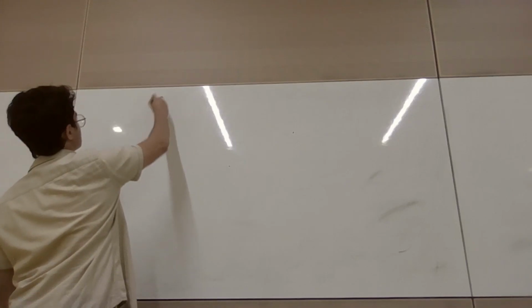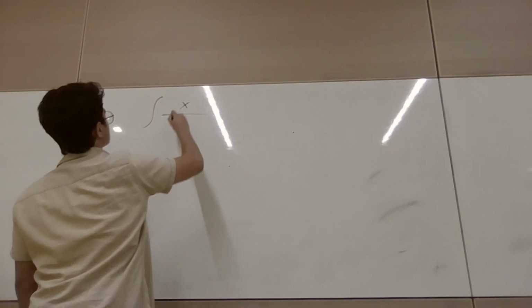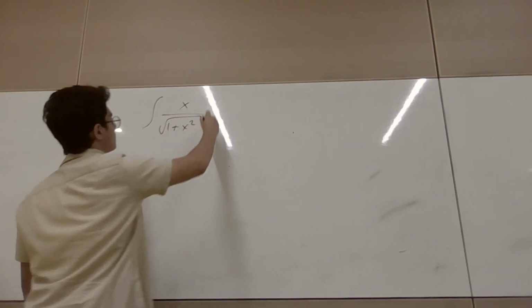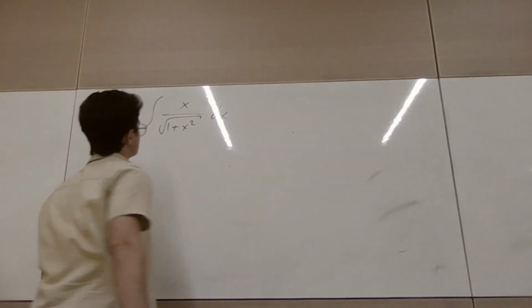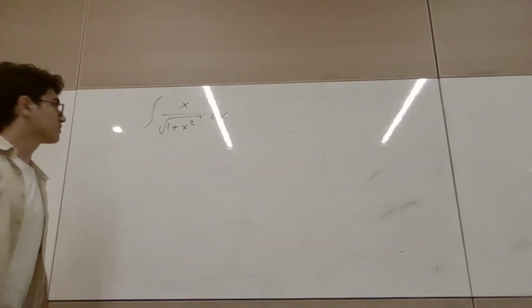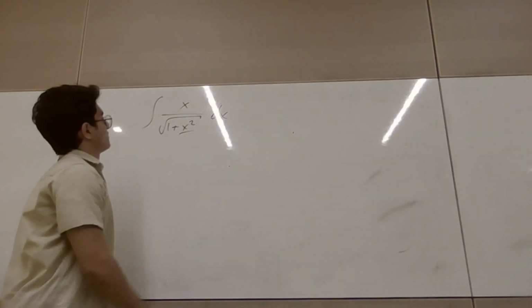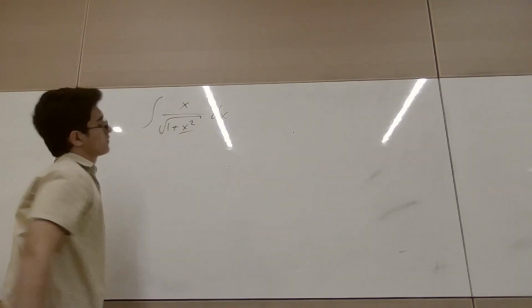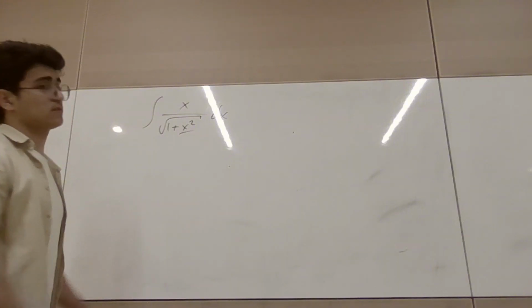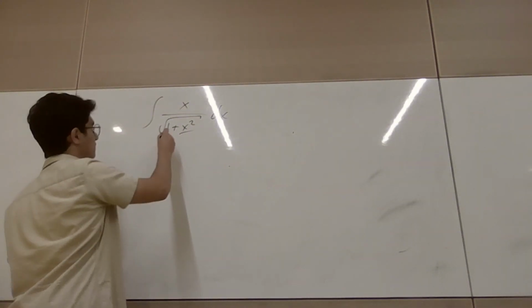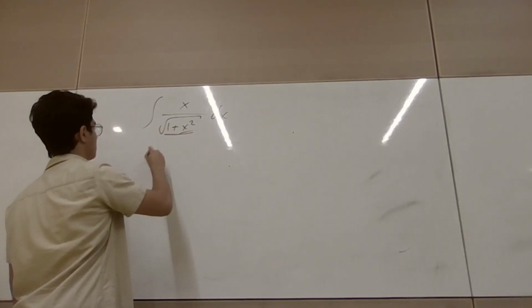The next example is the integral of x over the square root of 1 plus x squared dx. From the previous example, similarly, the derivative of x squared is 2x. So we can take 1 plus x squared as u.